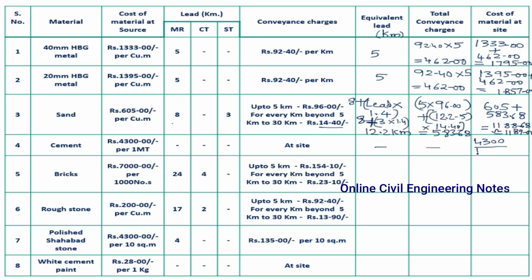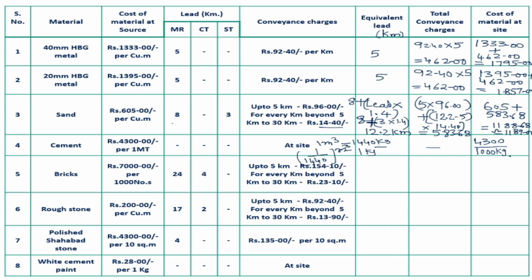So 1 metric ton is equal to 1000 kgs. 1 cubic meter volume of cement weighs 1440 kgs. So 1 kg is equal to 1 by 1440 cubic meter volume.